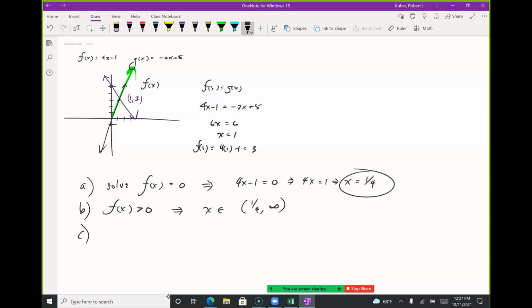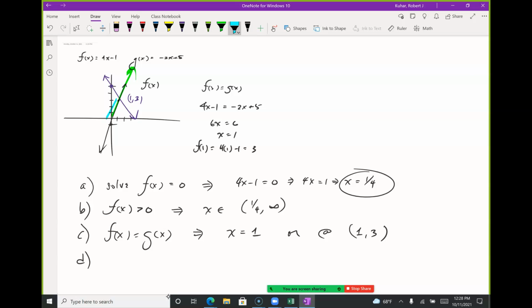C, we already answered. When does f of x equal g of x? When x equals 1, or at the point 1, 3. It's not asking that, but I think it will ask it later. D, when is f of x less than or equal to g of x?